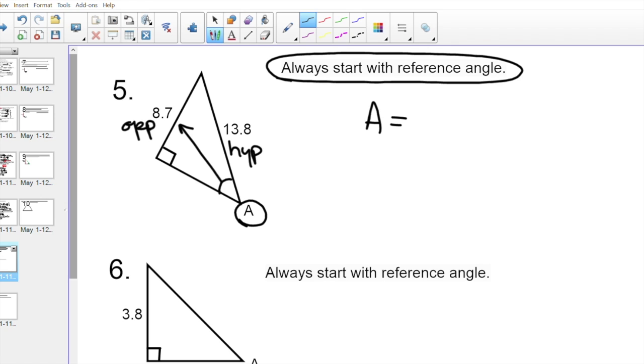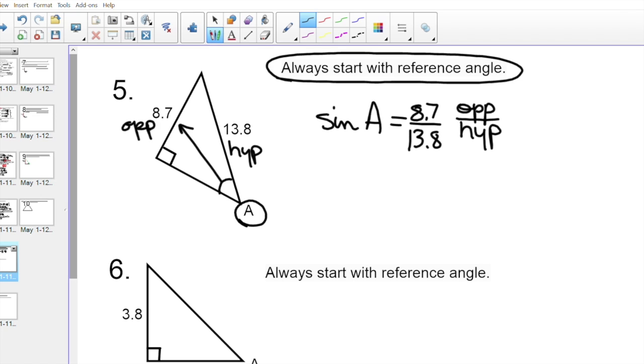So we are given the measure of the opposite, and we are given the measure of the hypotenuse. So we want the ratio that has the opposite over the hypotenuse. And of course, we know, or should begin to learn, that is sine. Anytime you write the ratio of the length of the opposite over the length of the hypotenuse, that is sine of your angle. The opposite is 8.7, and the hypotenuse is 13.8.